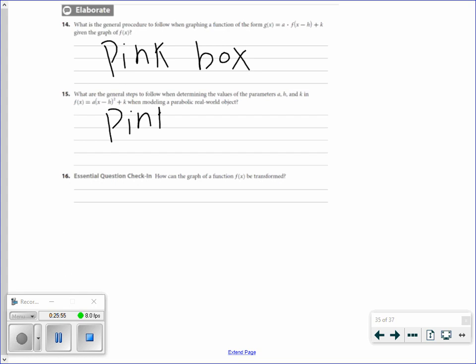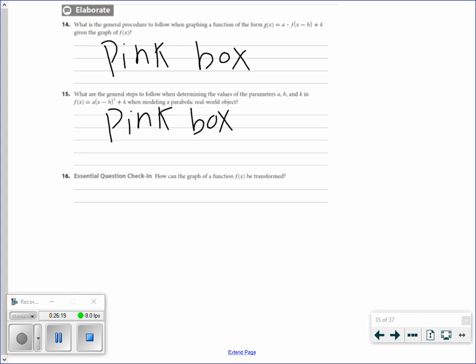Your h and your k come from your vertex, and your a you get by solving with a reference point. So that's how you determine the values a, h, and k. Pretty much everything we talked about in that pink box is what answers 14 and 15.